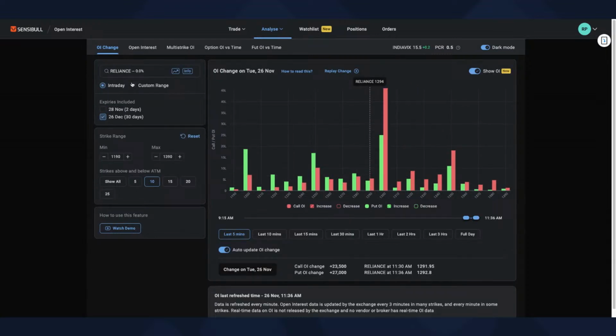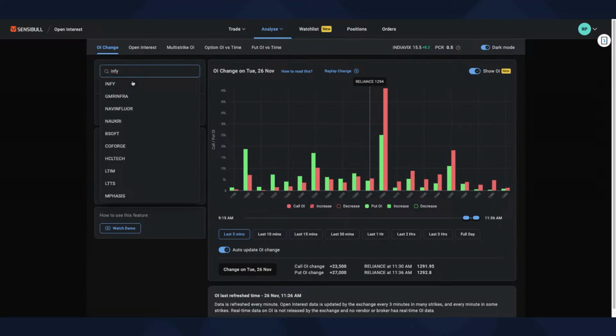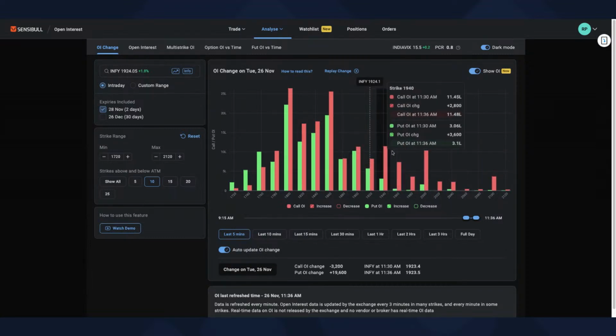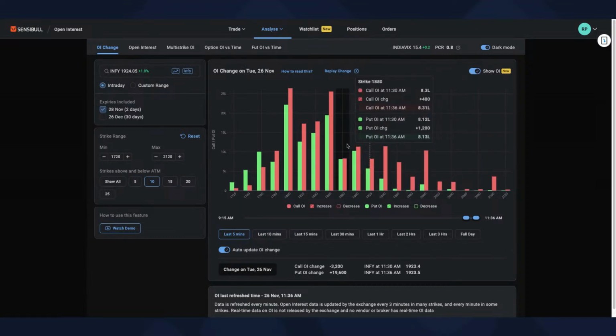You can also look at Reliance. Reliance, obviously 13,000 is the deadline. I don't think it's going to go beyond that. This is basically the expiry thing, right? So the probability of this going above this is very low. And then let's look at INFY. INFY is a bit all over the place, so we can't take this, as it doesn't give us any confirmation.